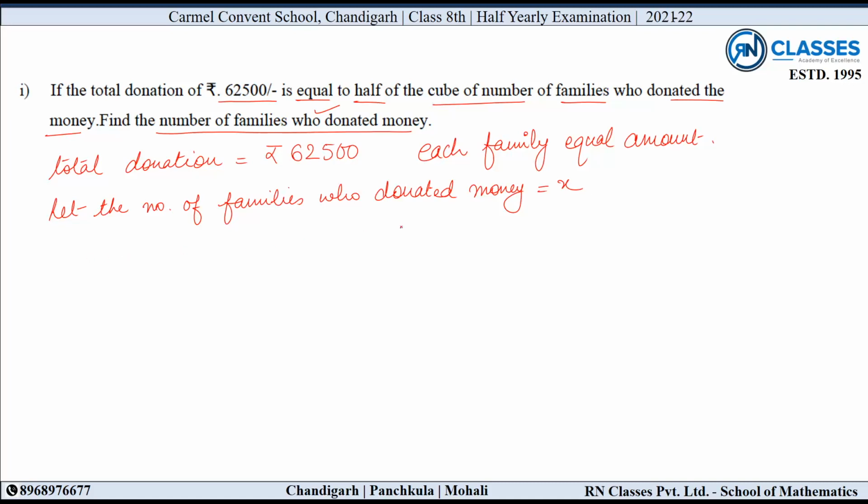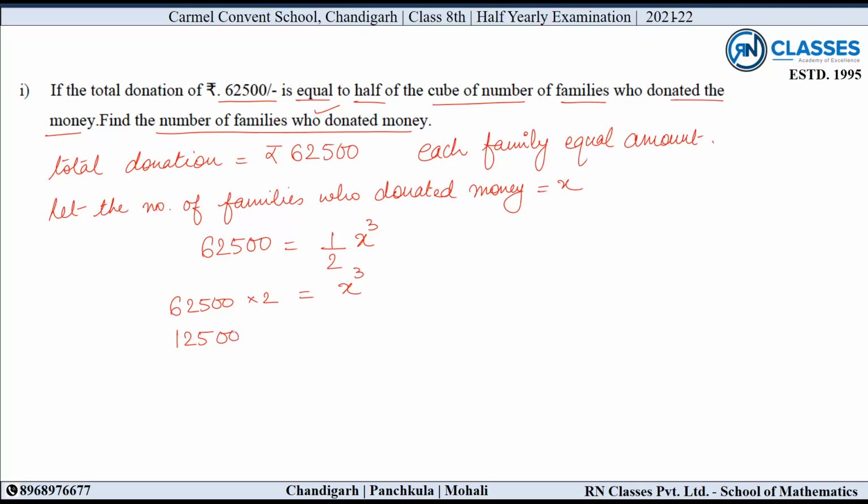We want to know that, right? The number of families who donated money is x. So we'll try to formulate an equation from here. Total donation is 62,500, right? So is equal to half of the cube of the number of families who donated the money. So cube of what? x, right? So 62,500 into 2 cross multiply kiya is equal to x cube.